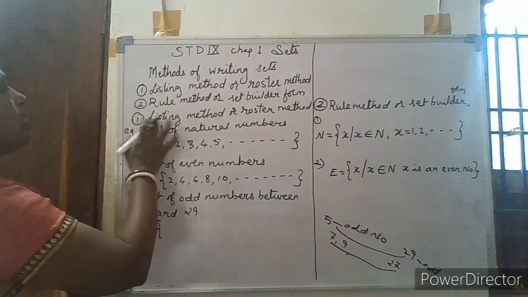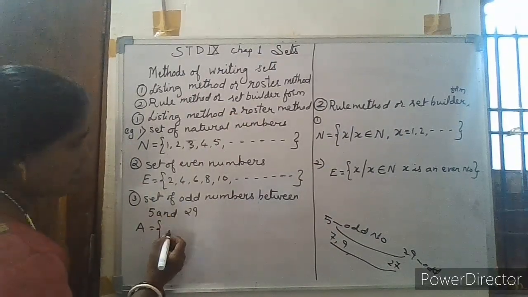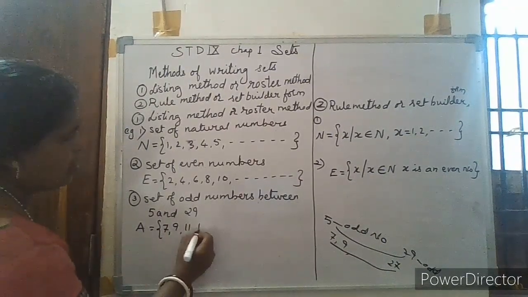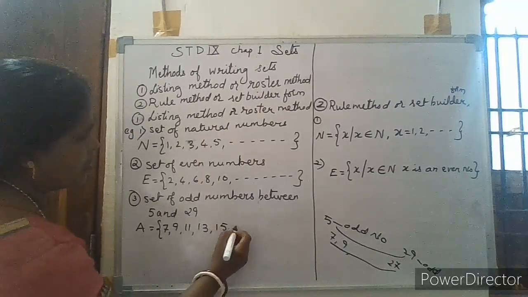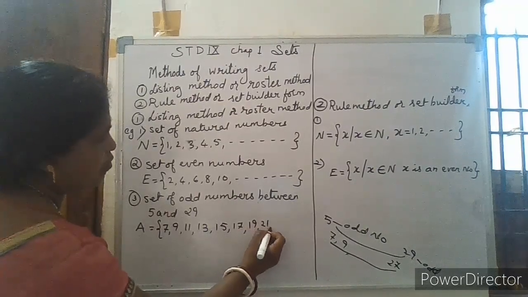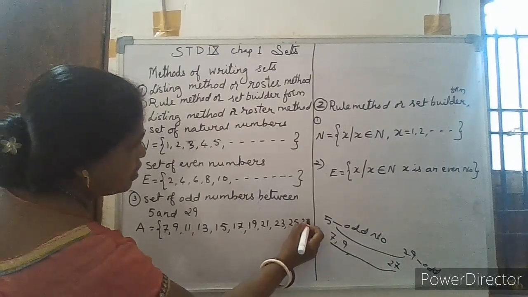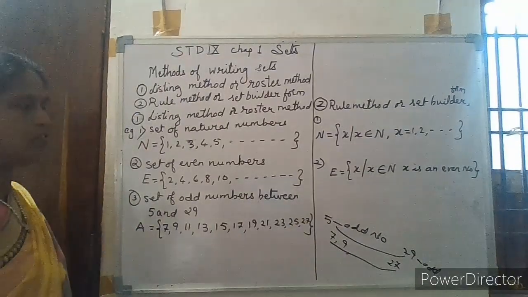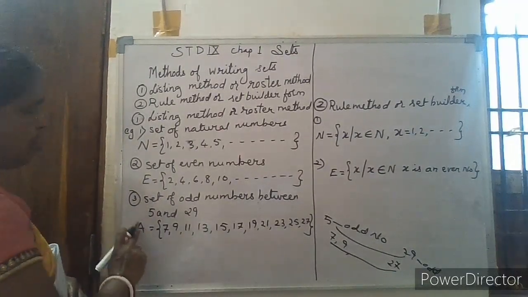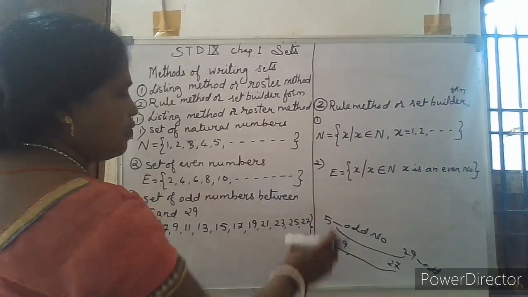So, in the listing method or the roster form, we have the elements 7, 9, 11, 13, 15, 17, 19, 21, 23, 25, 27. This is the last element.